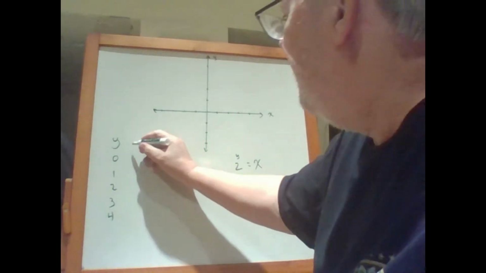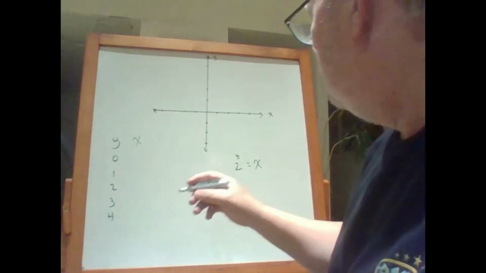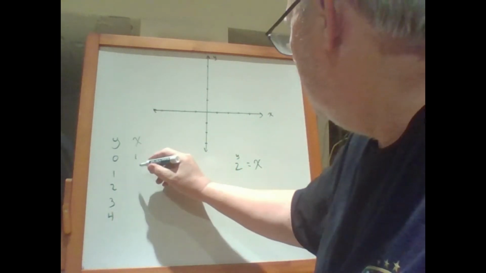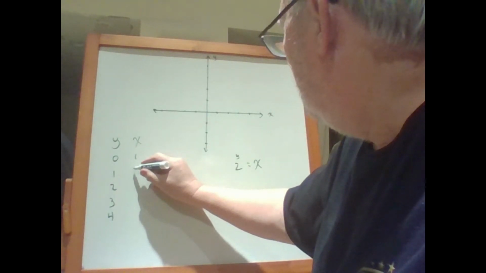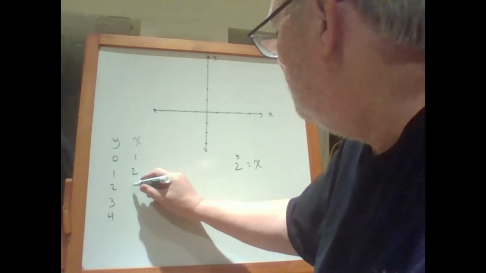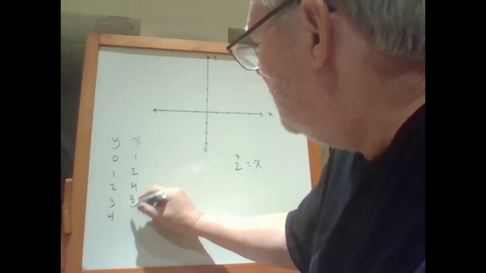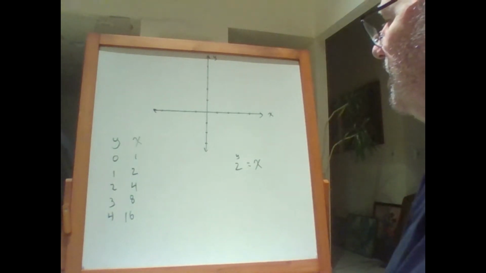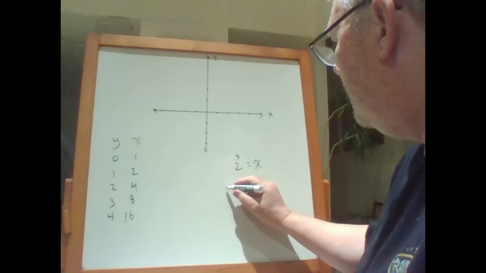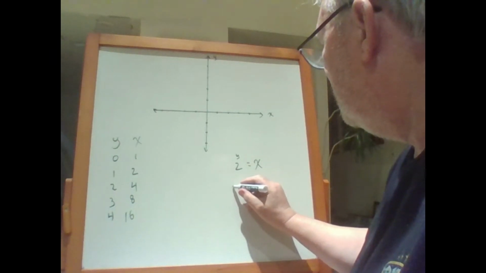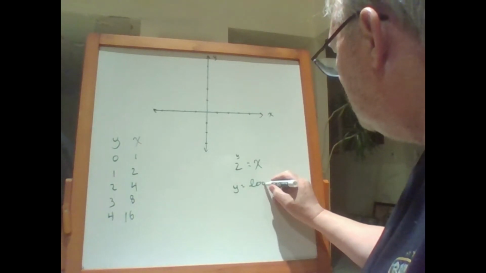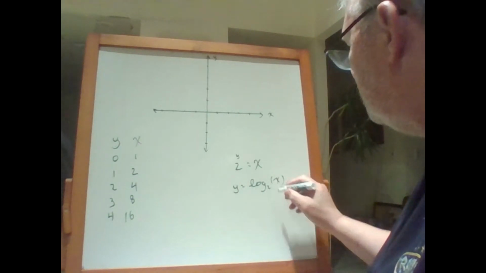And so x is equal to 1, 2, 4, 8, and 16. And what we have is y equals log base 2 of x.